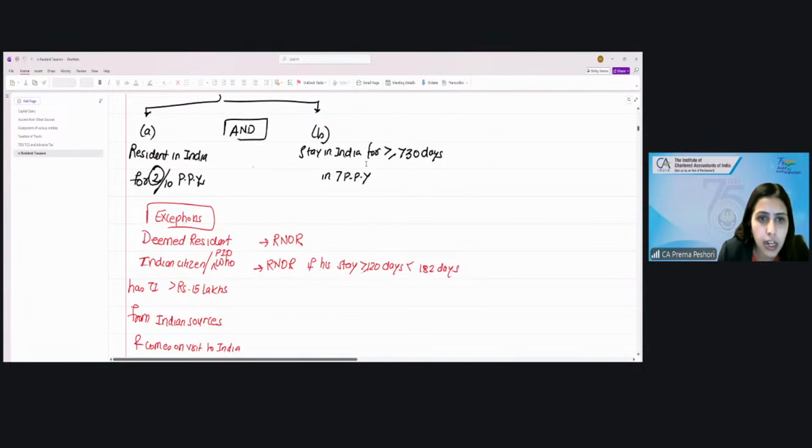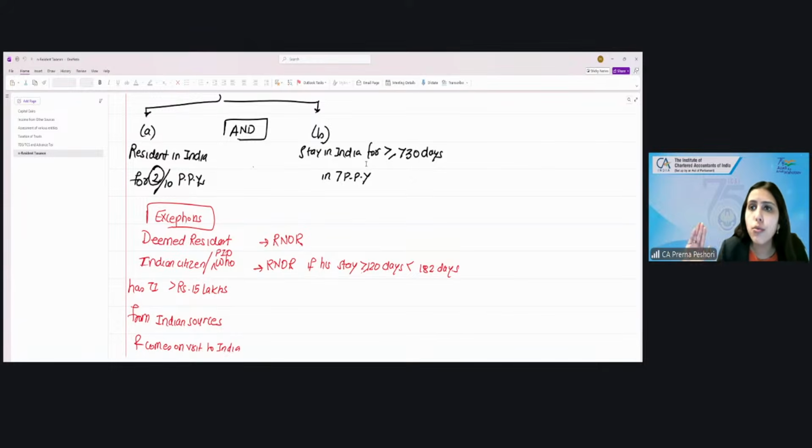He will be an RNOR only if he has stayed greater than 120 days and less than 182 days. If he has stayed more than 182 days, then he will be ROR. And a deemed resident will always be RNOR.